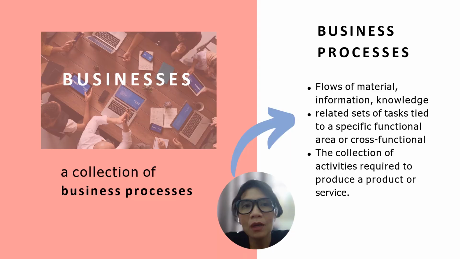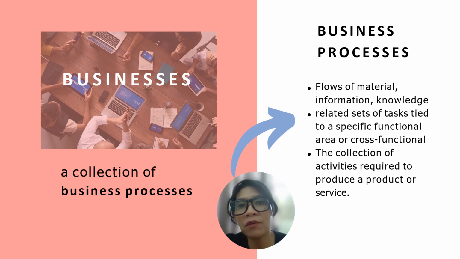At their core, businesses are a collection of interconnected business processes. A business process refers to the flow of materials, information, and knowledge within an organization. These processes involve related tasks that are tied to specific functional areas.